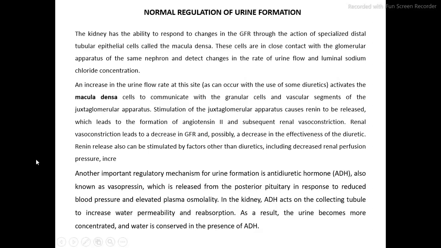These systems are activated by changes in solute and water content of the body, by changes in systemic or renal BP and other stimuli.